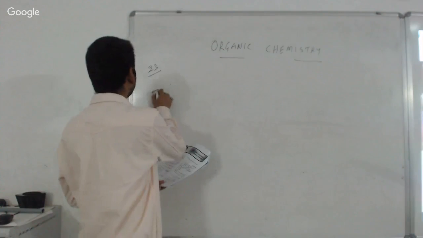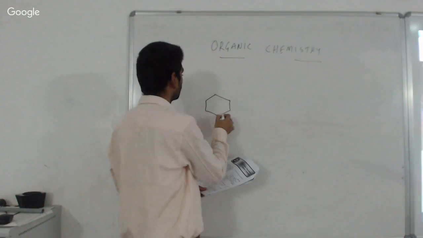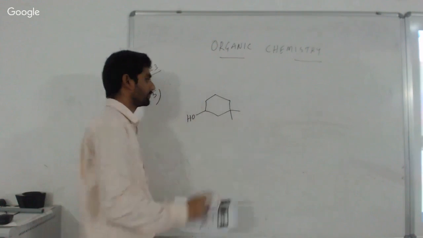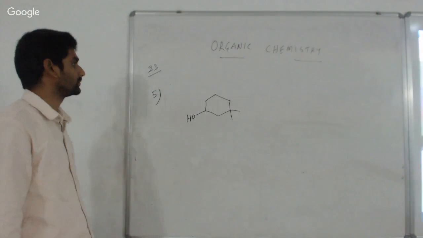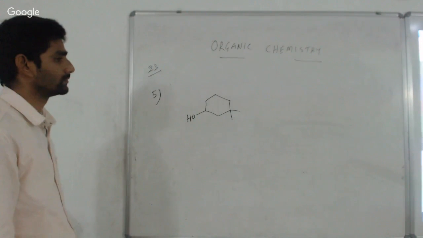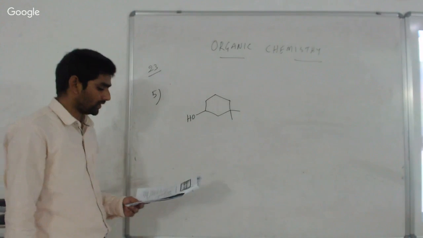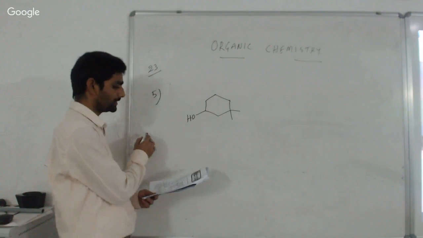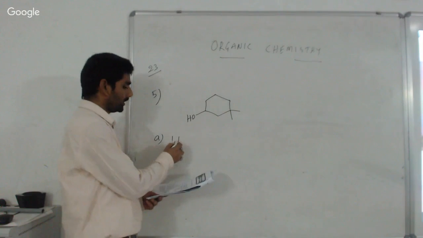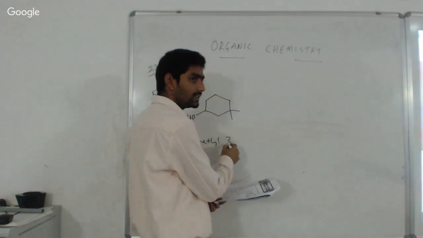Question number 5. What is the name of this compound? They are asking for the IUPAC name. Option A is 1,1-dimethyl-3-cyclohexanone.